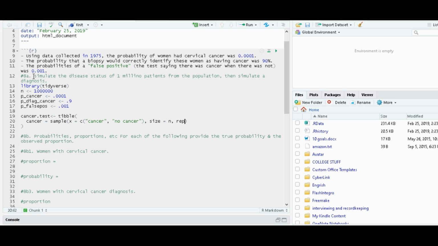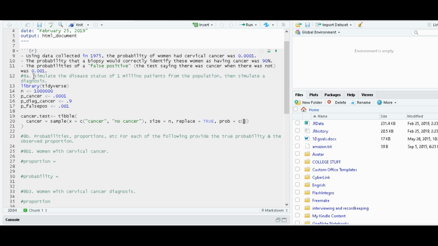Then our replace value is going to be true because we don't want to change the probability each time we make a sample, each time we do something. And then the probability is the probability of having cancer.